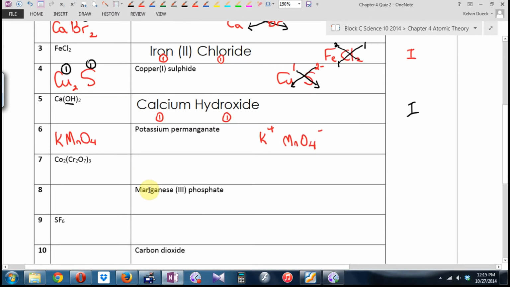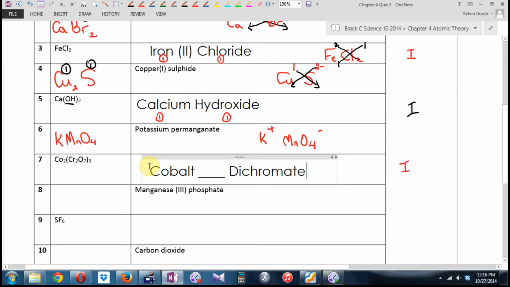Co2 Cr2O7, well, okay, this is cobalt, which I think is ionic. I have a feeling cobalt is multivalent. It is? Okay, so it's going to be cobalt something, and then what is Cr2O7? That's a polyatomic, dichromate.